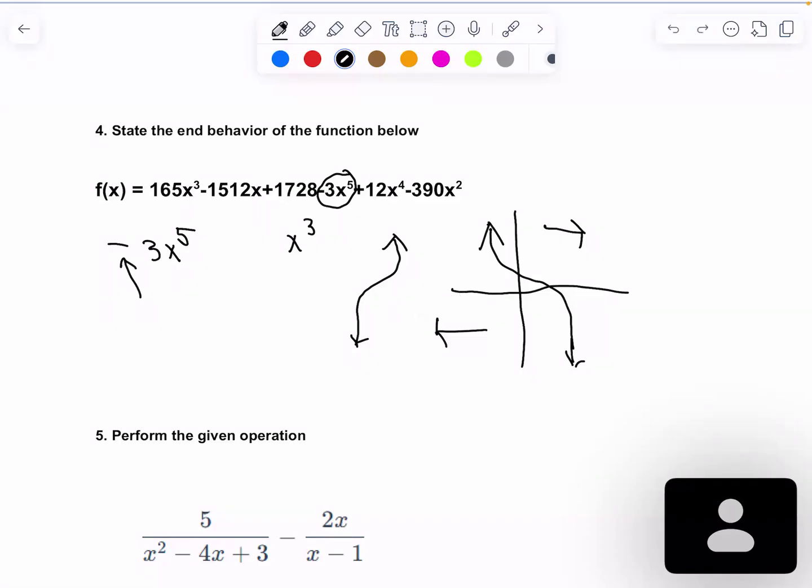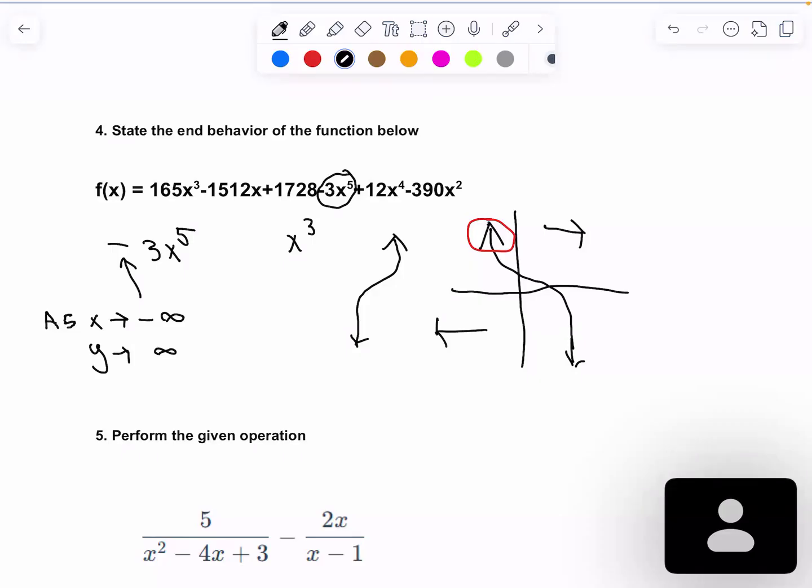So for the left part, we always start from the left, so we're doing this way. From the left would be as x approaches negative infinity, right? As it moves to the left, as it gets smaller, we notice that the arrows point up, which means that as we move to the left, y gets bigger. So if x gets smaller, y gets bigger.